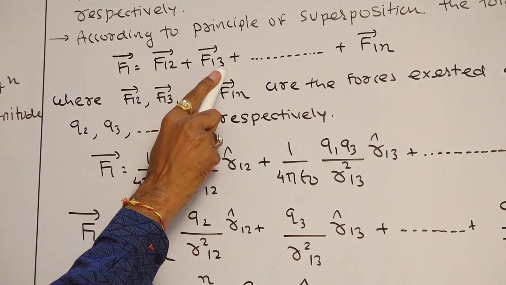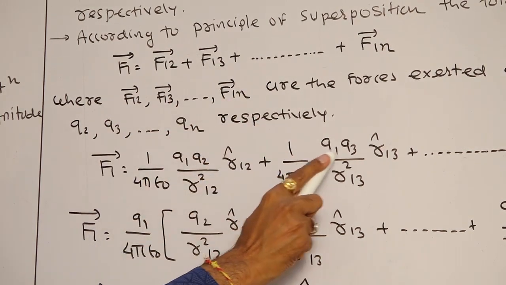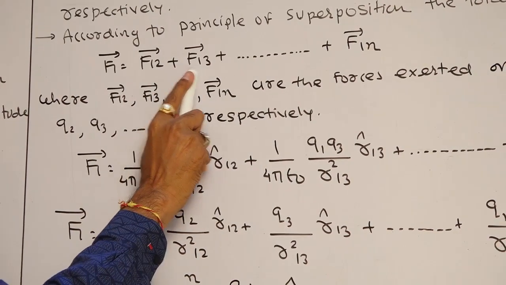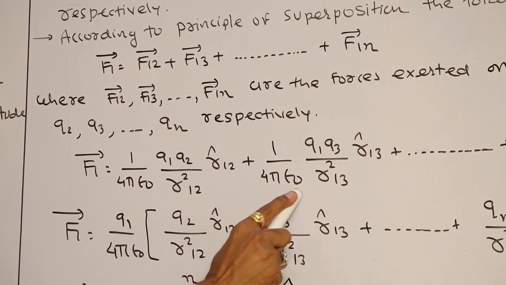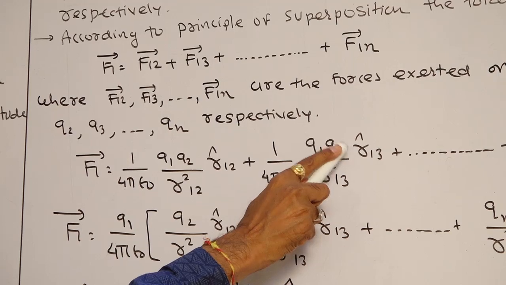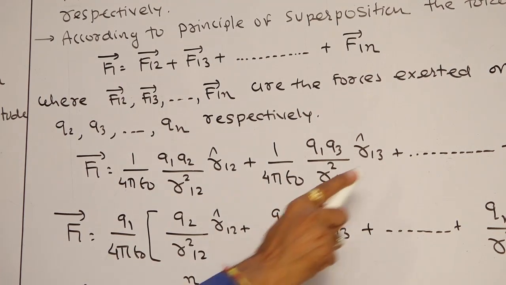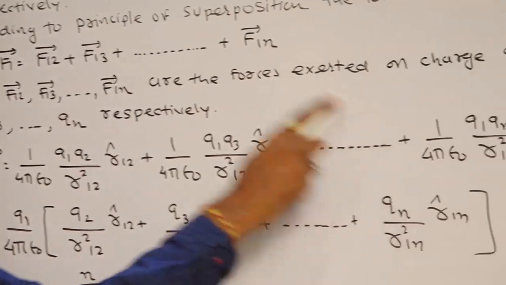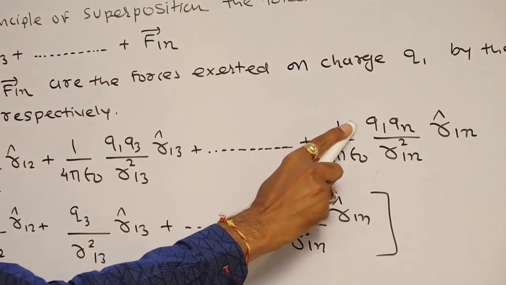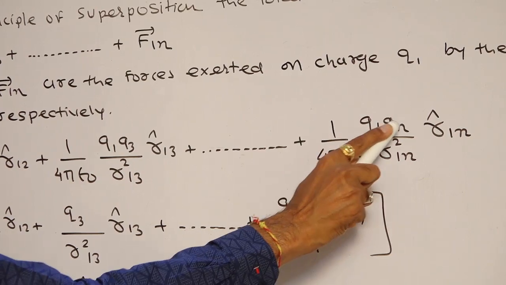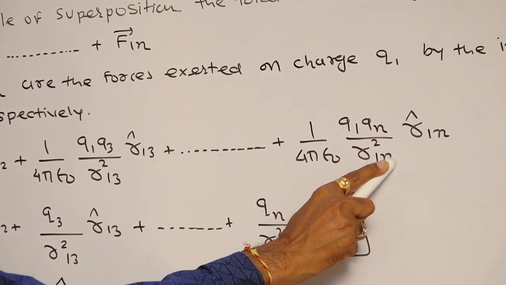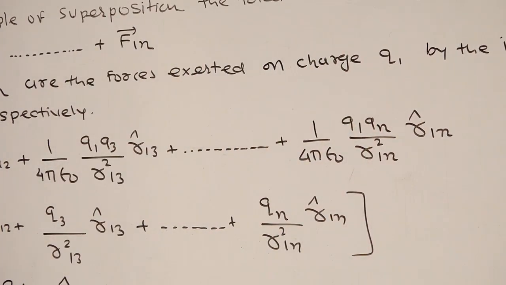Here it is the 1 and 3 numbers, so we write the charges Q1 and Q3. So the expansion of F13 is given by 1 upon 4 pi epsilon 0, Q1 Q3 by r square 13, multiplied by r cap 13. Now plus, and so on, plus. Now write down 1n: 1 upon 4 pi epsilon 0, Q1 Qn by r square 1n, multiplied by r cap 1n.